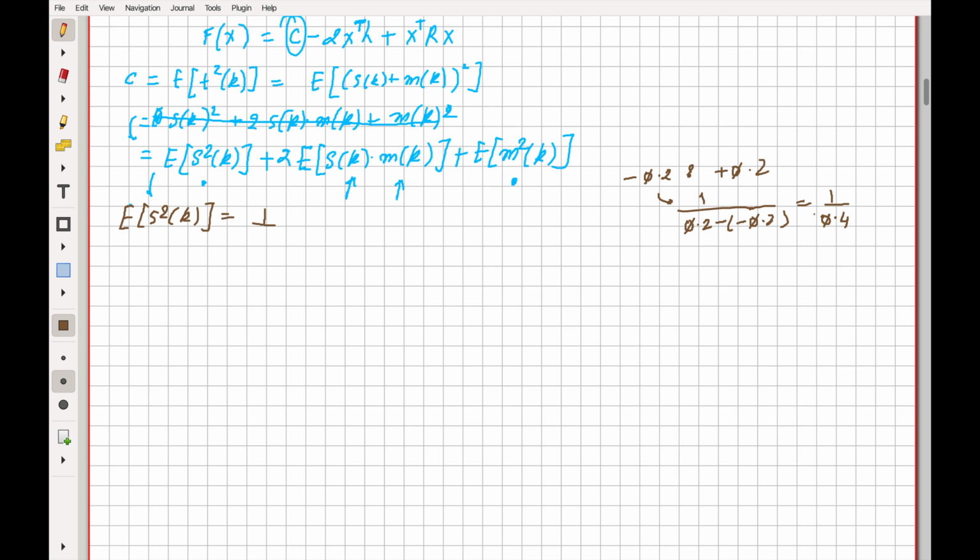To compute the mean square value, we use integration.